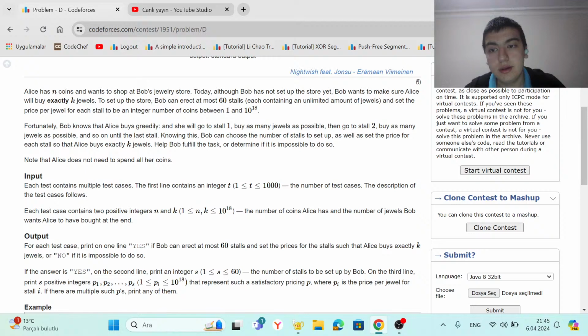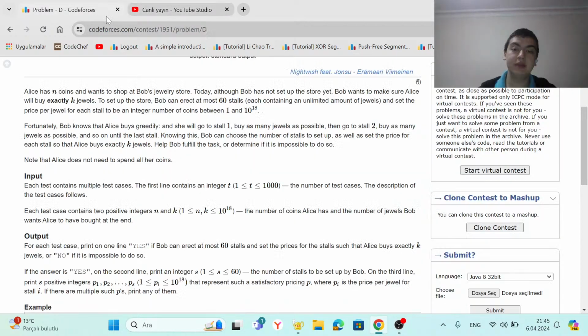Alice buys greedily. She goes to stall 1 and buys as many jewels as possible, the maximum number of jewels that she can buy.